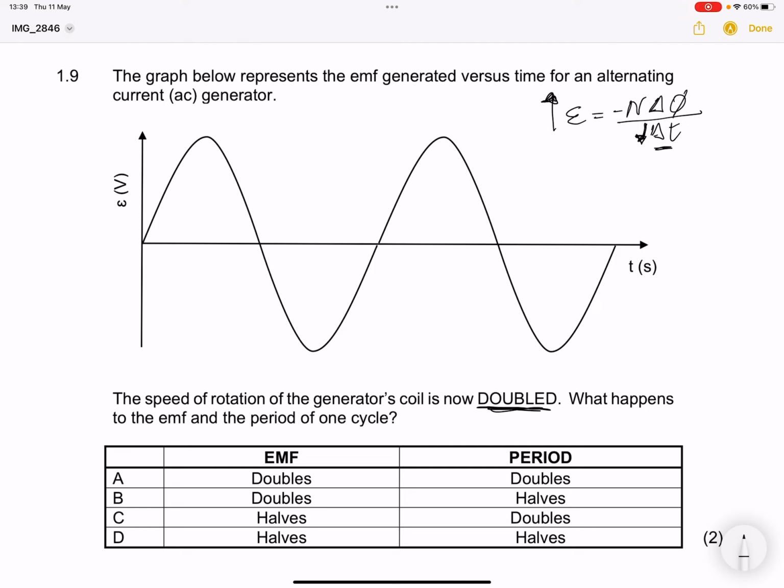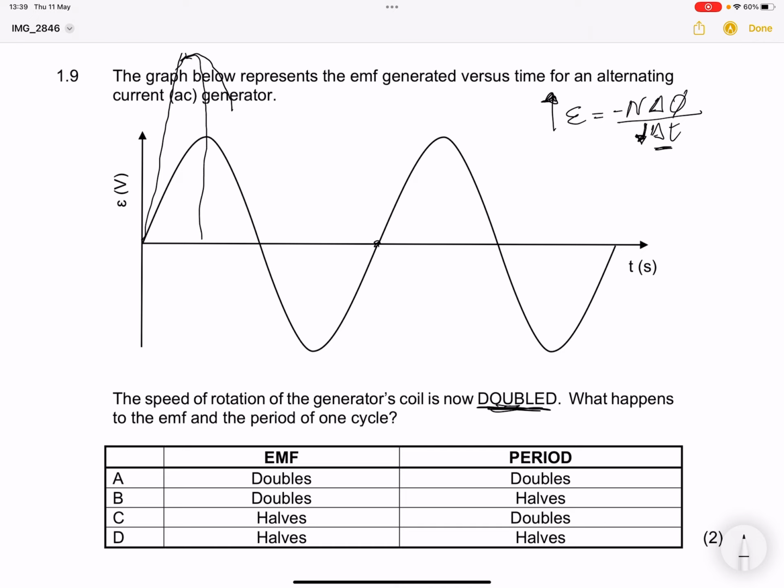So it means that EMF will increase, right? But now, what happens to the period of the graph? Remember, let's say if you took a certain amount of time, by increasing the speed, and doubling the speed for that matter, it means you're going to take half the time to do the same thing. So what do we expect of our graph? Our EMF value should be double what it was before, right?